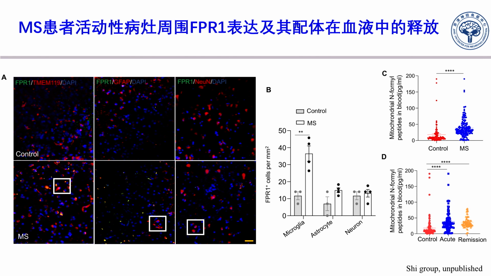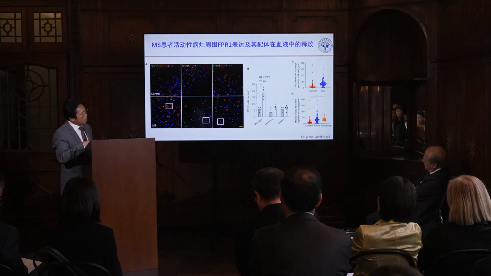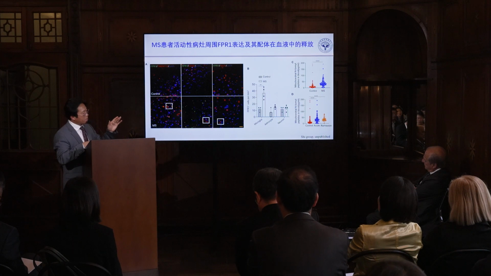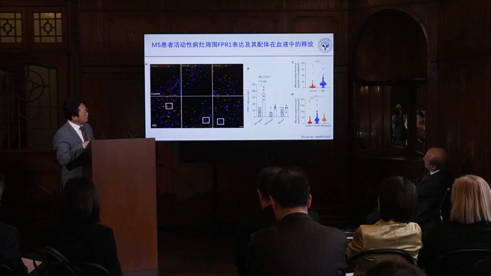You can see in comparison to the control, there is a higher expression of this receptor, and it's predominantly localized on microglial cells, to some extent on astrocytes. So it leads us to the assumption that it may somehow curb brain inflammation. We also did a correlation of expression of its ligand in the peripheral blood. The cohort is small, but we did see a tendency of correlation.